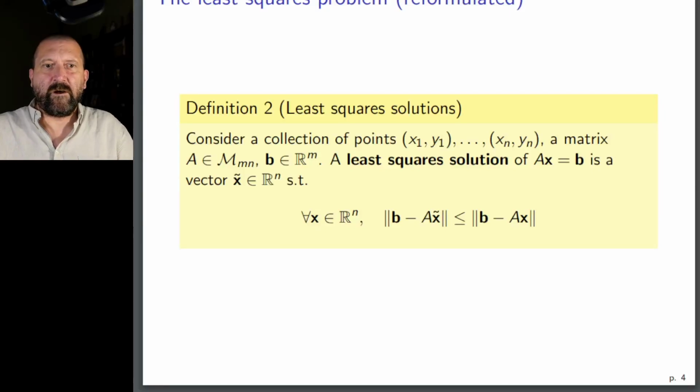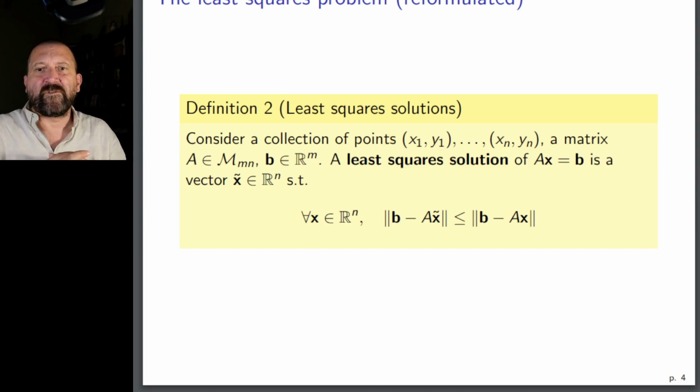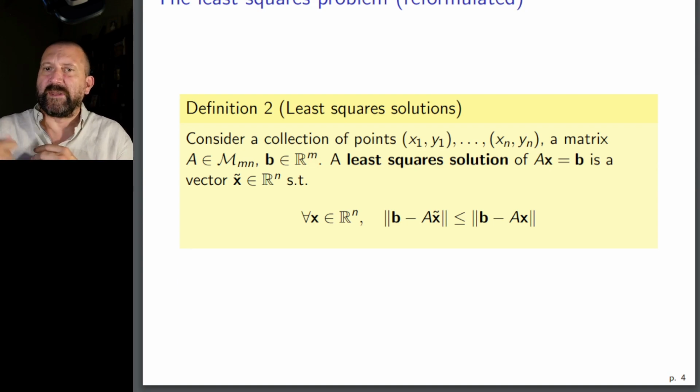Okay, so remember where we left off. We had this least square solutions defined, which was a solution that minimized the norm b minus Ax tilde compared to all other b minus Ax.